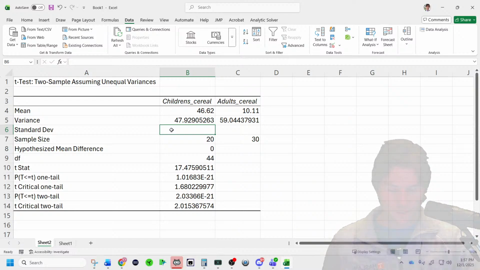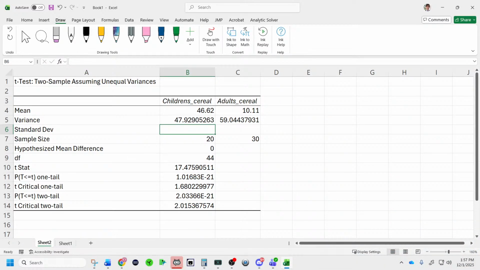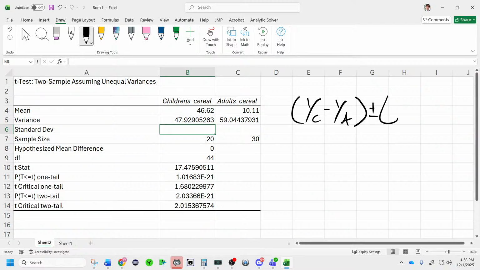We're literally going to solve the formula of y bar children minus y bar adults plus or minus the t statistic with the very interesting degrees of freedom, which it gave. Wait, that's not right. Can't be right. But I did unequal variances. Are the degrees of freedom that perfect? Well, maybe they are.